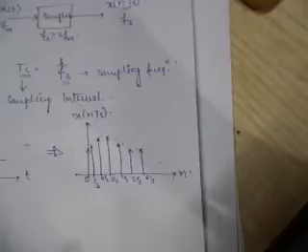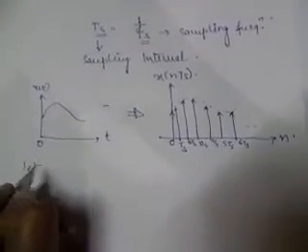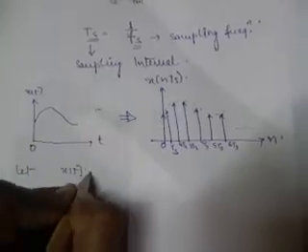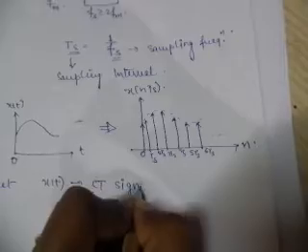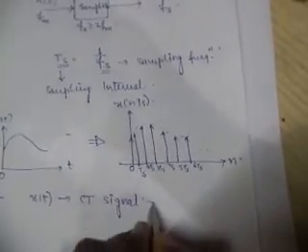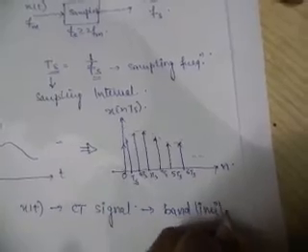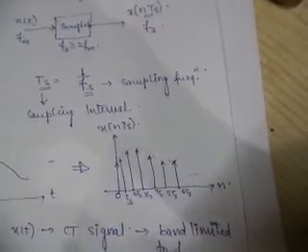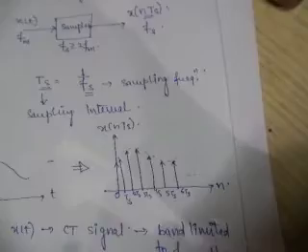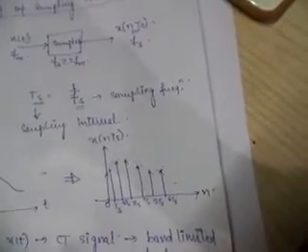Now, in this we are considering that x(t) is a continuous time signal which is band limited to Fm hertz. Now what does it mean?